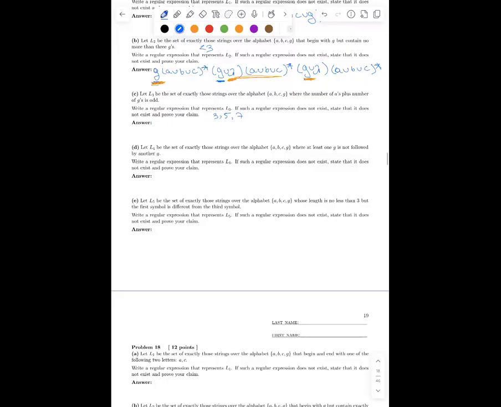So I start by writing, I can have B or C, as many as I want, but then I can get an A or G, which makes it 1 for now. And then again B or C, which again is only 1 A or 1 G here.